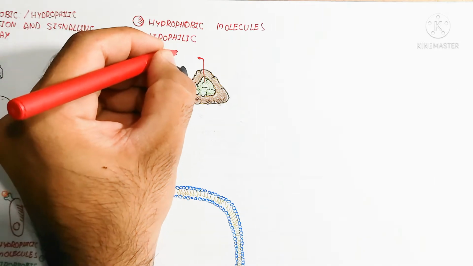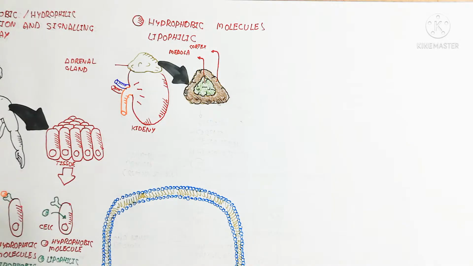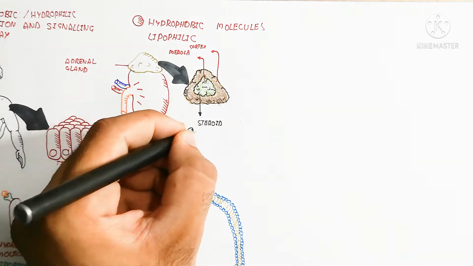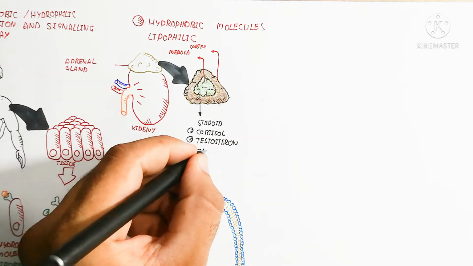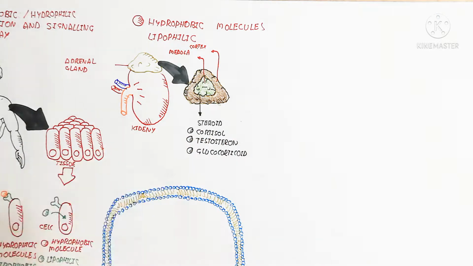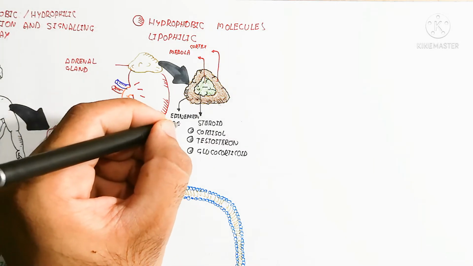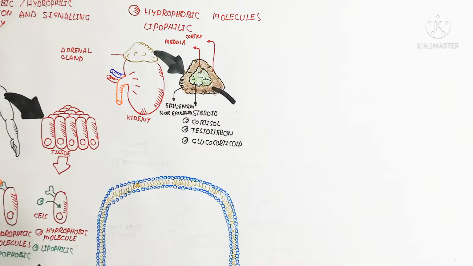These adrenal glands contain the adrenal medulla and adrenal cortex; epinephrine and norepinephrine are produced from the adrenal medulla, while in the adrenal cortex steroids are produced: cortisol, testosterone, and glucocorticoid. Anyhow, here we will discuss that this is hydrophobic, or lipophilic.